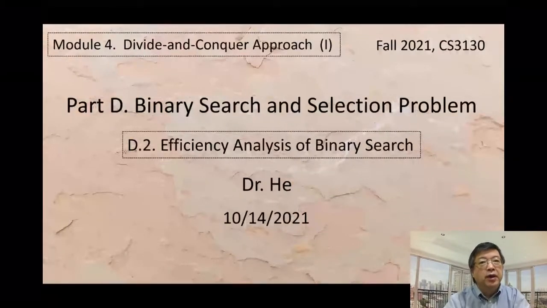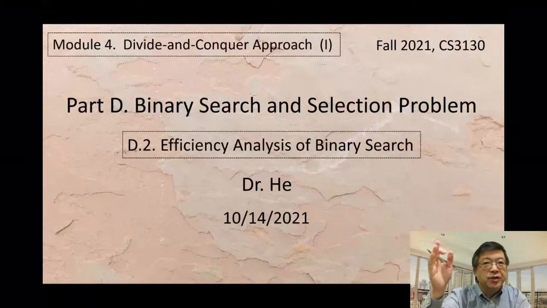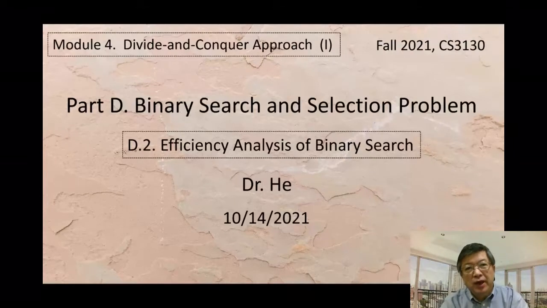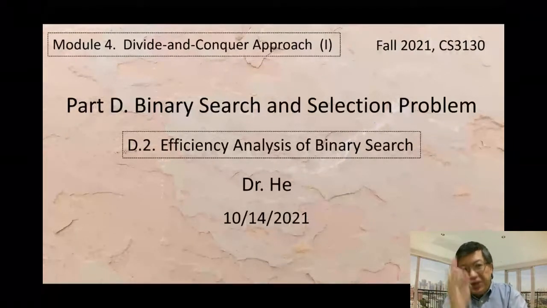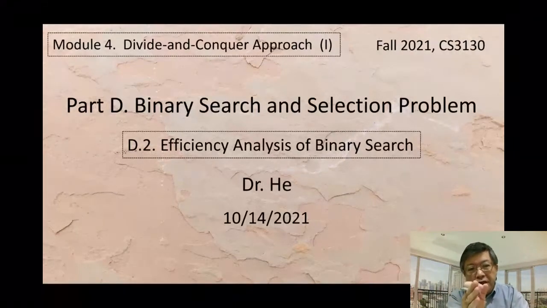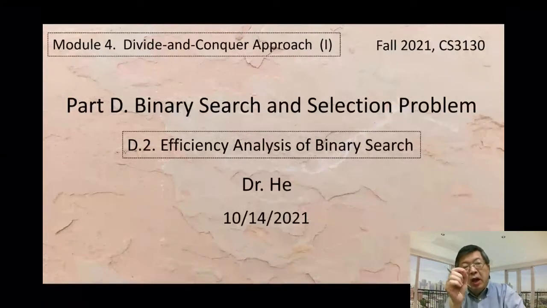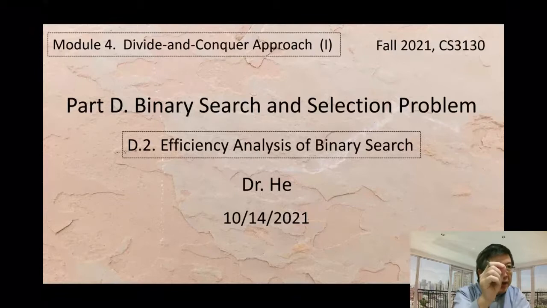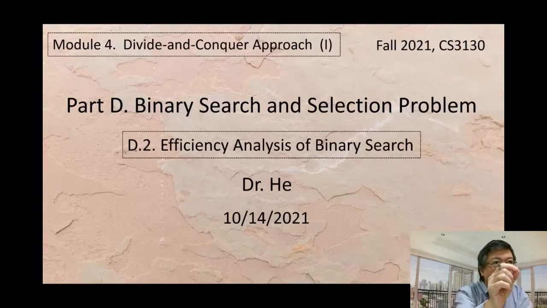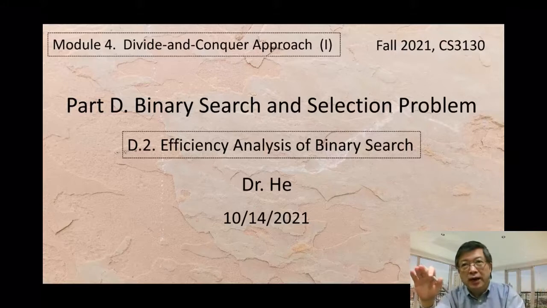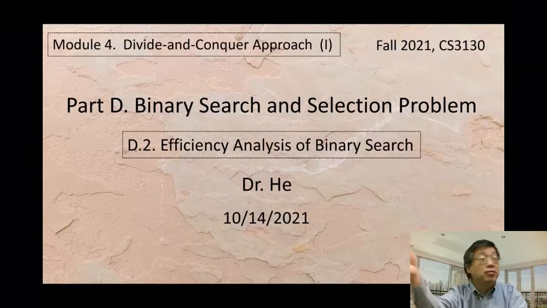Part D.2, efficiency analysis of binary search. Here you can see after our discussion in D.1, as soon as we determine how we make comparisons each round, every time we make a comparison, we base it on the balancing principle.